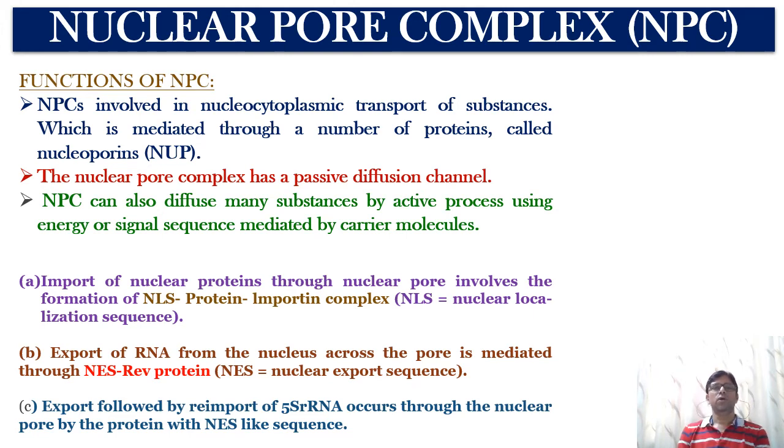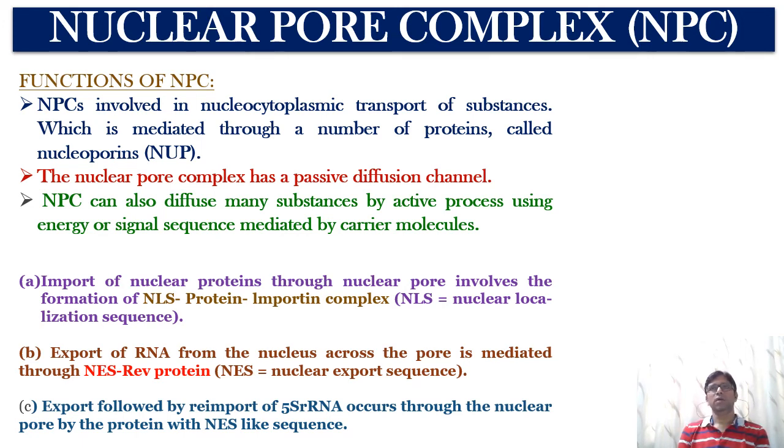A nuclear pore complex has a passive diffusion channel. Through this channel, small-sized or water-soluble substances can diffuse passively without using energy. Nuclear pore complexes can also transport many substances by an active process where energy is used, or signal sequence mediated by carrier molecules.